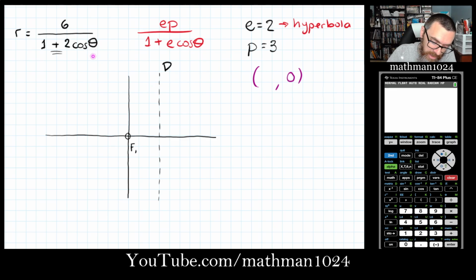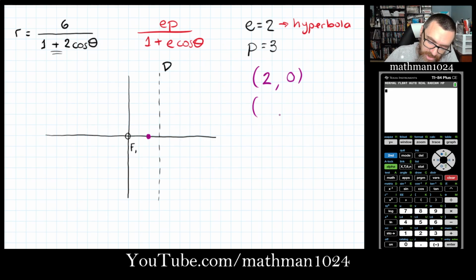So if I plug 0 in right there, cosine of 0 is 1. So all of this would give me 6 over 1 plus 2, 6 over 3 gives me 2. So I know that when I have a theta value of 0, I would have an r value of 2. So I'm going to have that point right there.